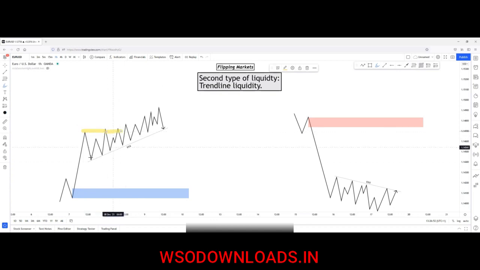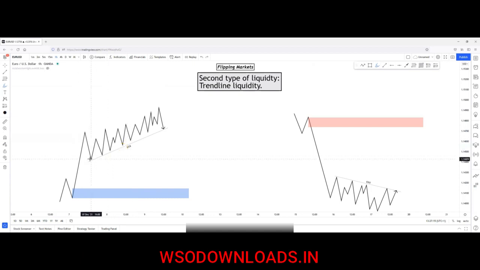to the upside slowly, creating some new highs, new lows, new highs, new lows, and these new highs and new lows will form a trend line, because retail traders call this a trend line, and they will open their positions on the trend line touches. So every time price touches this trend line, they will open a buy position here.